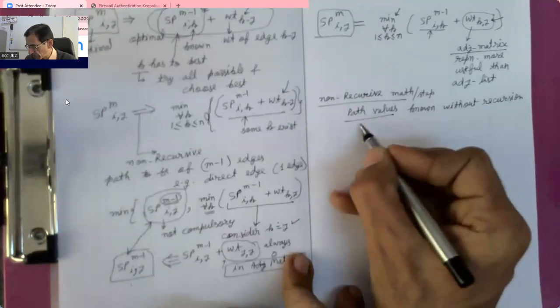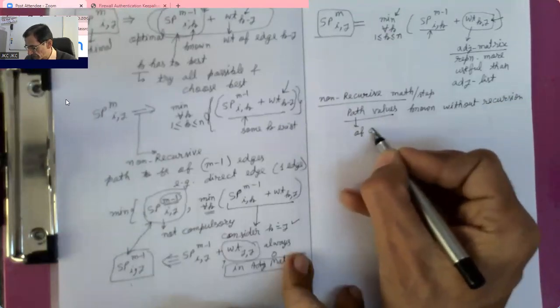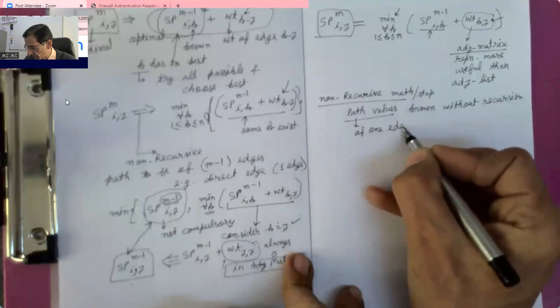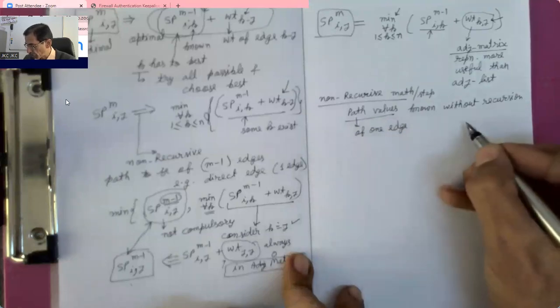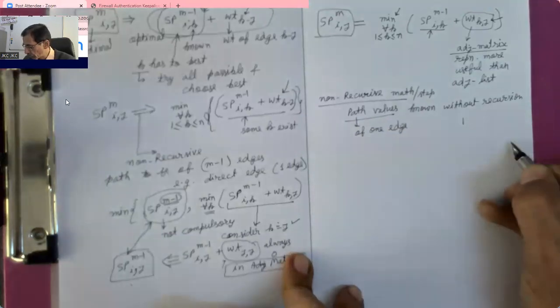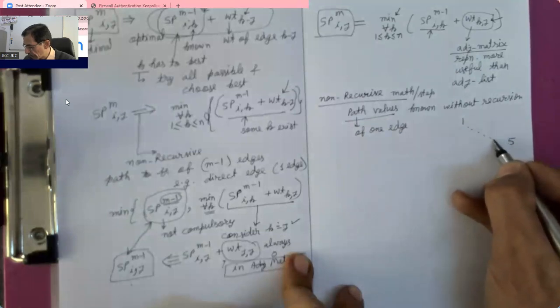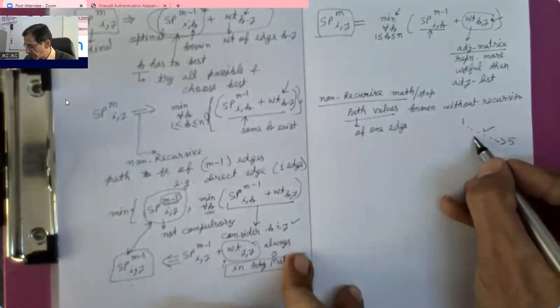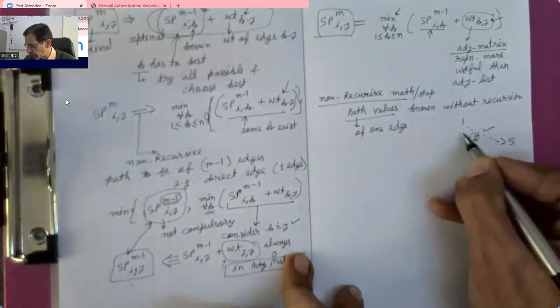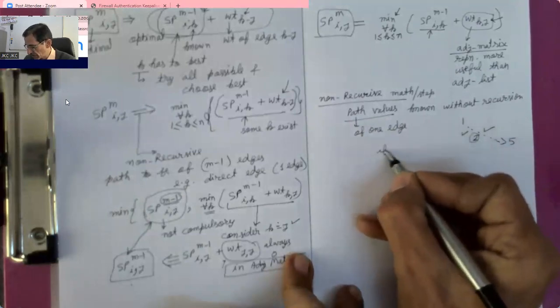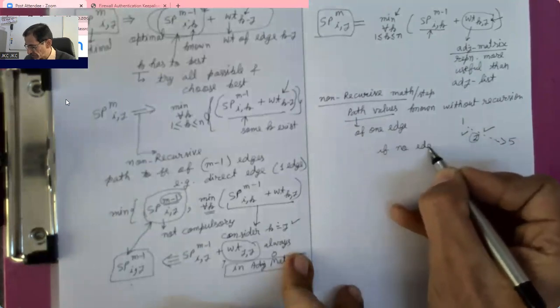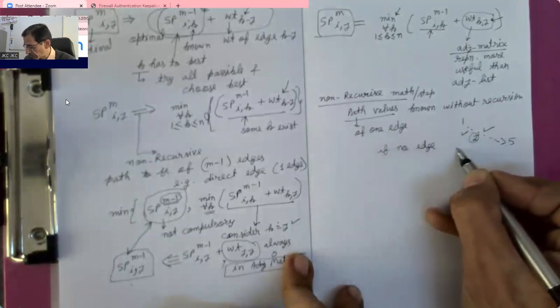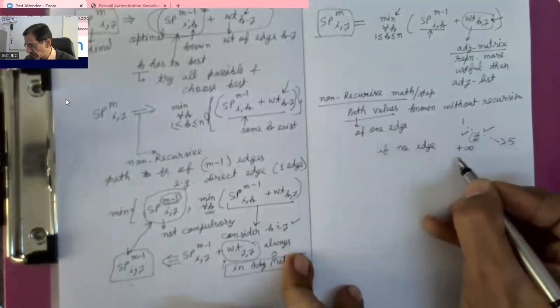For example, if I say path of one edge, it directly means from, let's say, vertex 1 to vertex 5. If the edge exists, the weight is, let's say, 2. So the weight 2 will be the answer. If no edge, obviously the path has the highest value, say plus infinity, or the path doesn't exist.